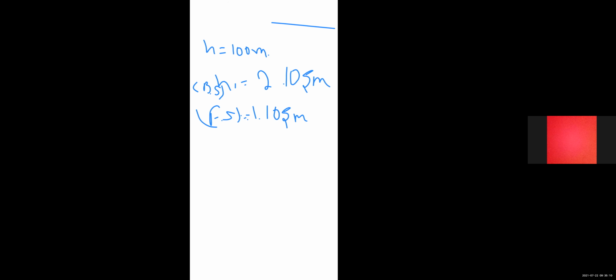So the elevation of plinth is how much? How do we calculate? Backside reading, foresight reading is given, and elevation from MSL is also given.